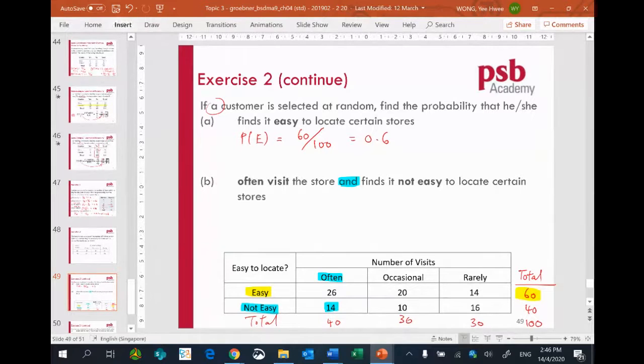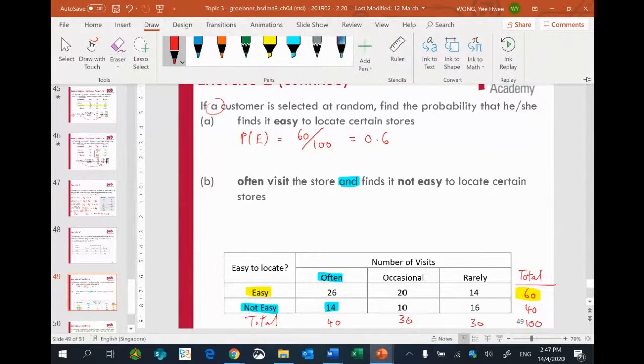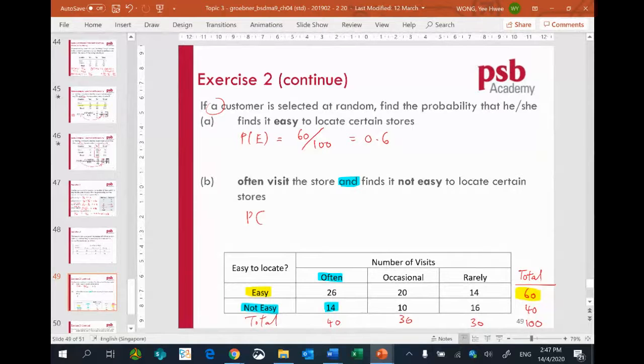So 14. Okay, say often is O. Better write that down because it's an occasional. And not easy. Okay, you can write not easy, or you can just put a line on top. It's not easy. So you get 14 over 100. So it's 0.14. So this is second type of question.